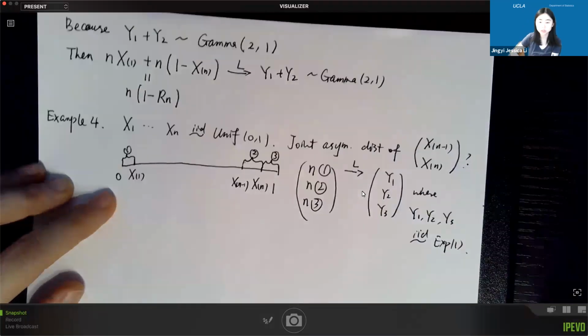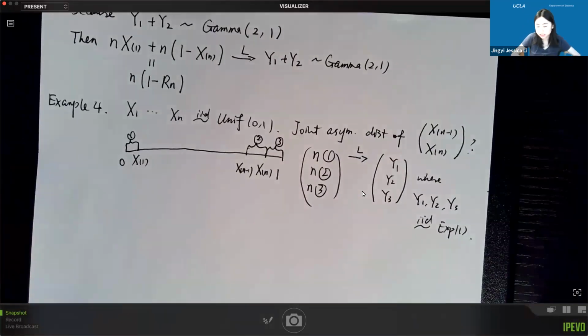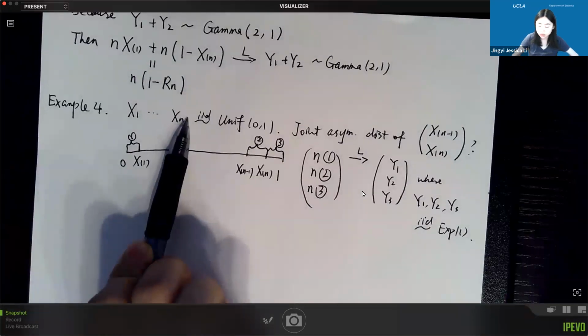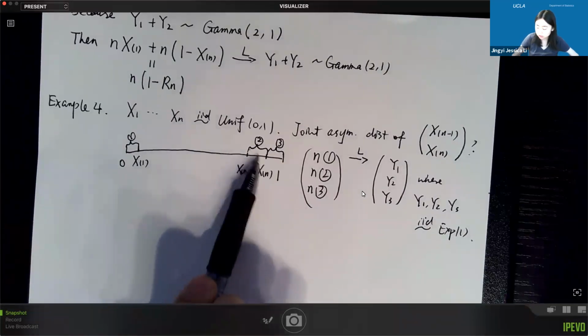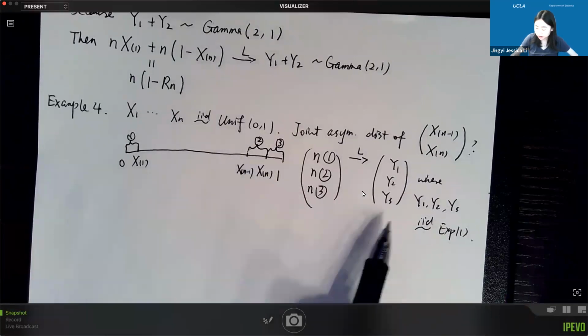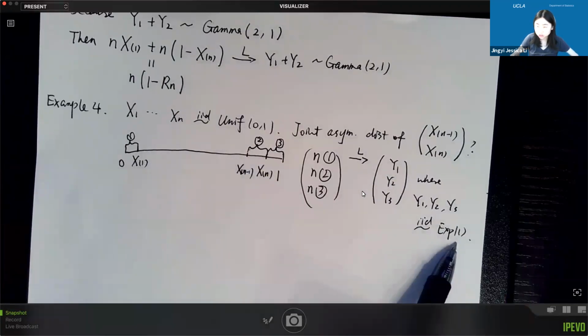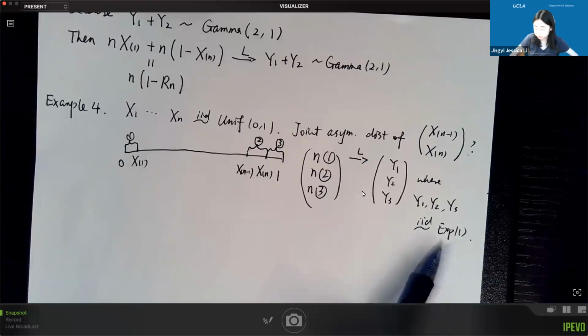This is a very interesting result, which means that the distances between 2 adjacent random variables from uniform 0, 1, so these things must be i.i.d. themselves, are behaving like independent exponential 1 random variables asymptotically.